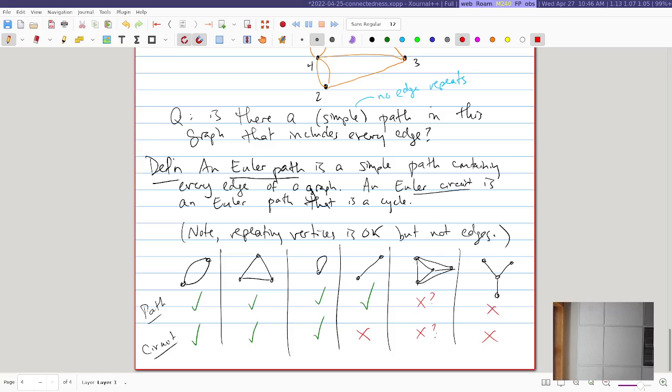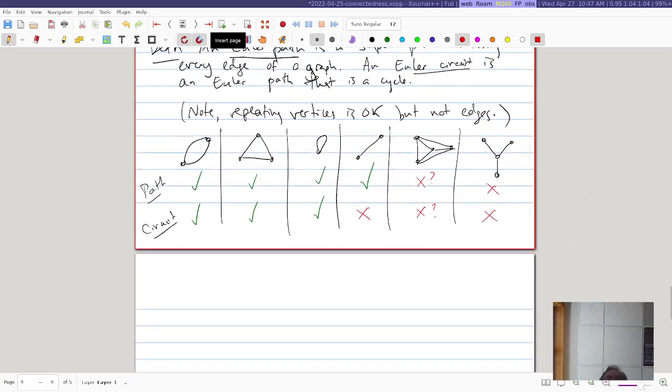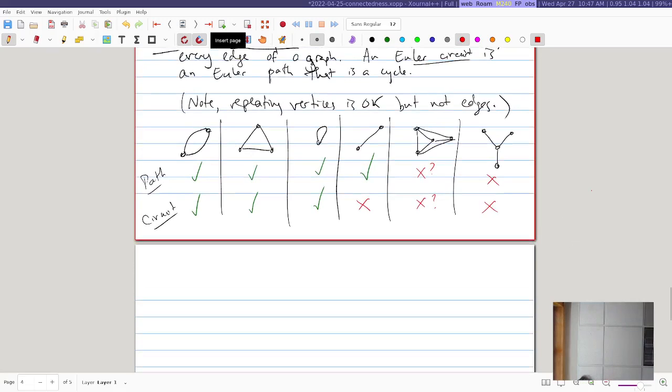We could do some more examples, I guess, but does anyone have any guesses or ideas about what things are relevant about the graphs? Like what are some things about the graphs that make it possible or impossible?